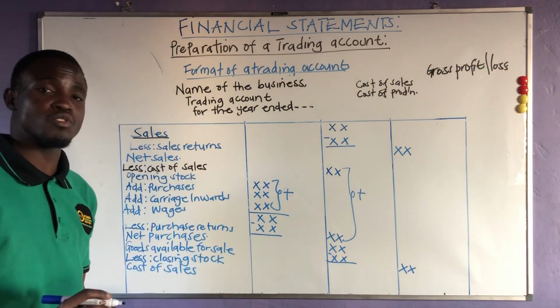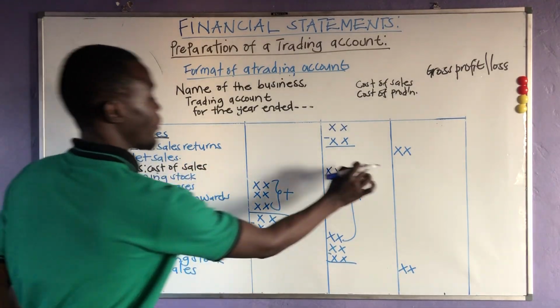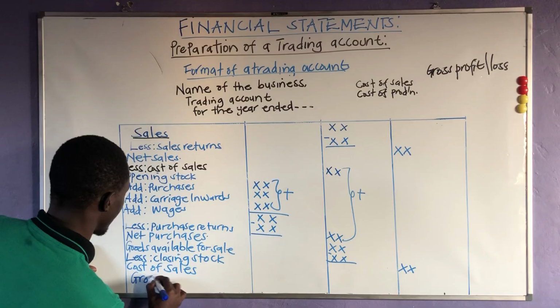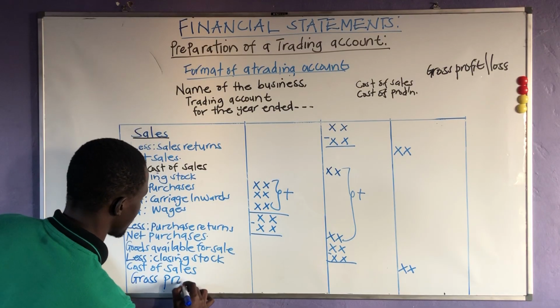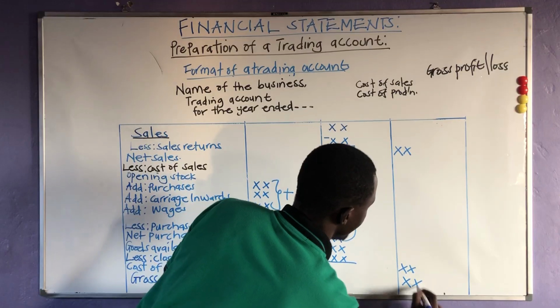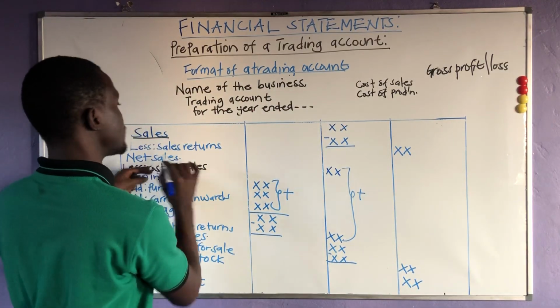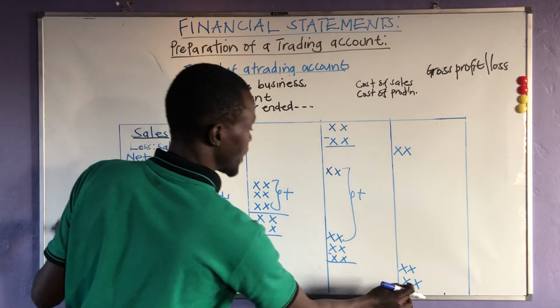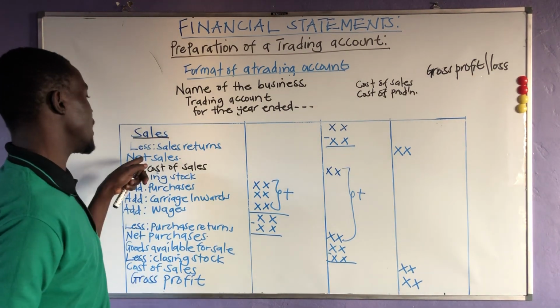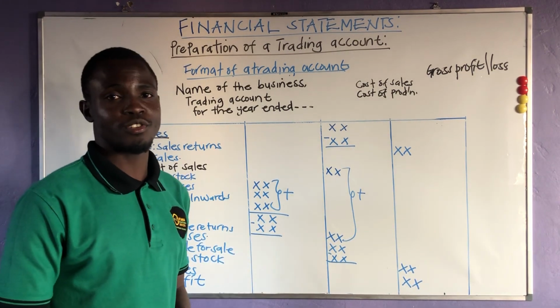Now in this one, let me assume that net sales are greater than the cost of sales, meaning we shall have gross profit as in here. But if cost of sales is greater than net sales, it becomes a gross loss.